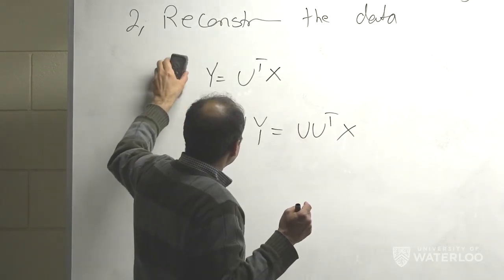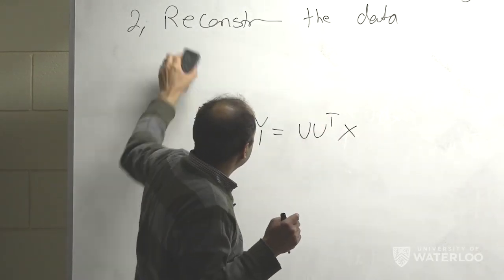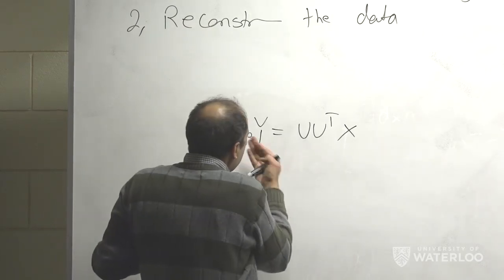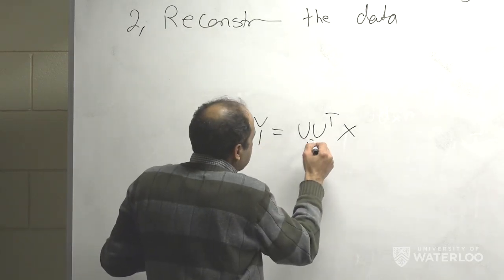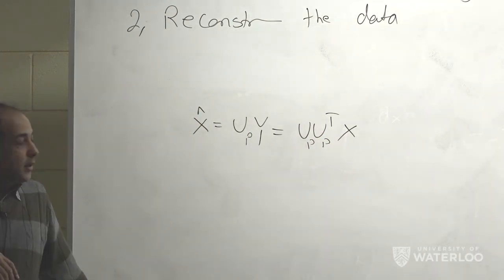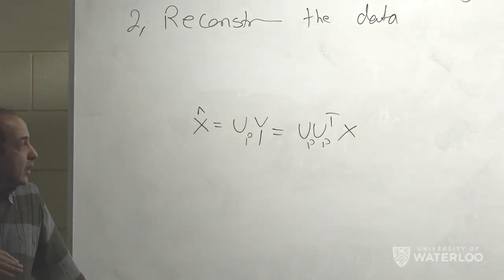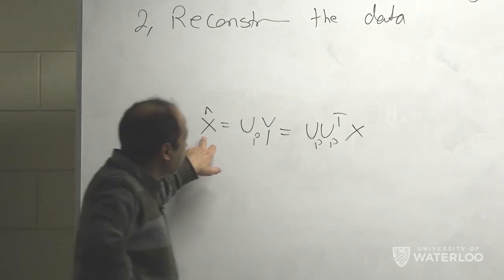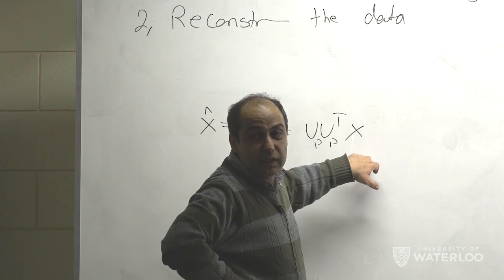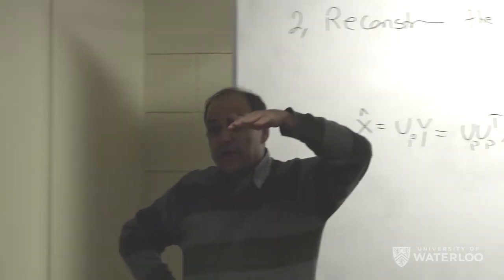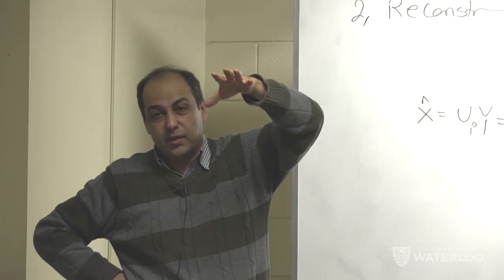But what usually is going to be useful is to use only p dimensions, go to p-dimensional space, use the first p columns of U, and take it back to the original space. X hat here has the same dimensionality as x. It's d by n. But it's reconstructed based on the first p principal components.